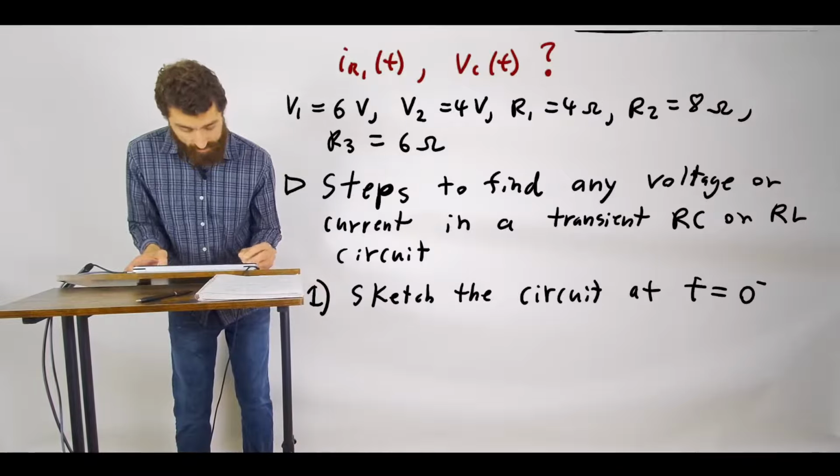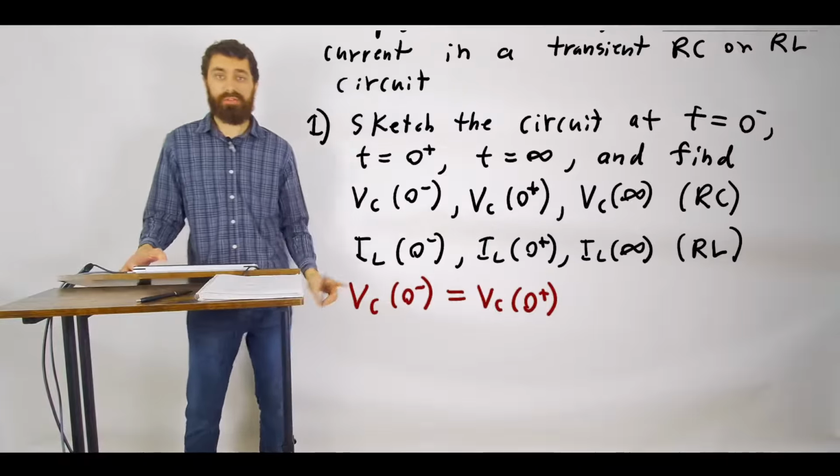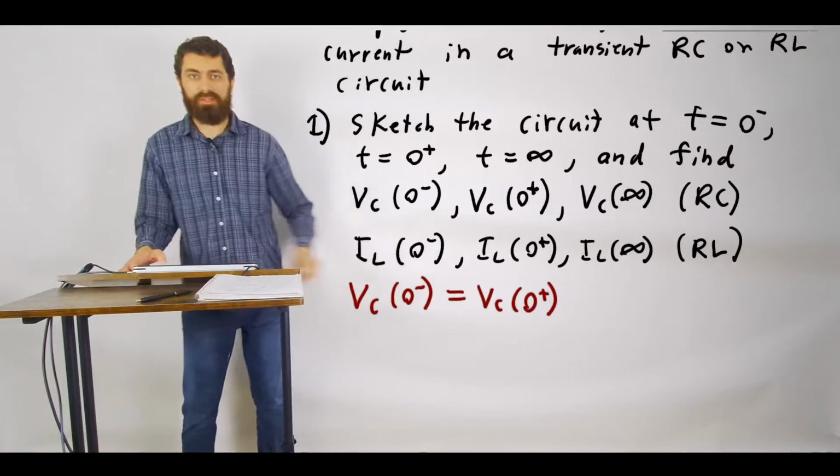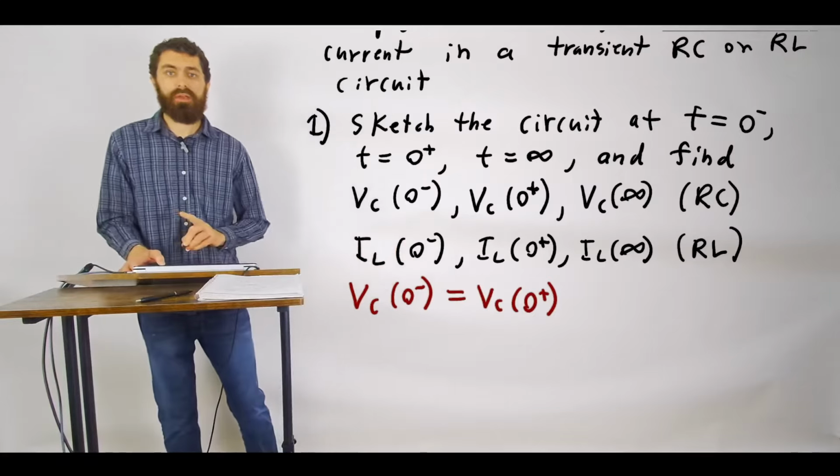When you're dealing with capacitors, you have to remember that the voltage across the capacitor cannot change instantaneously. So the voltage across the capacitor right before it switches is always going to be the same right after it switches, always. So that means essentially that it acts like a voltage source during that brief time period.